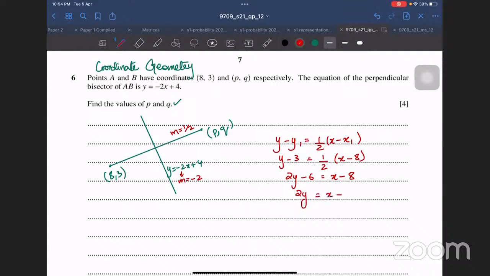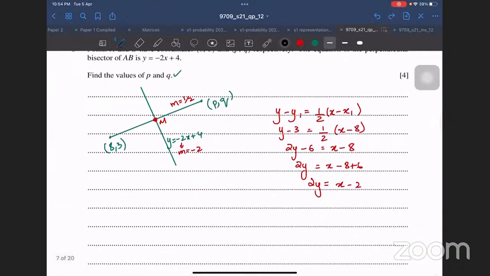Okay, now there are various ways to do this question. What I am thinking about right now is that if I have two equations, I could possibly find the point of intersection, and I know point of intersection जो होगा वो midpoint होगा, and if I have the midpoint, I can easily calculate this. Okay, then it becomes an easy task. So what I'm going to do is I'm going to solve this and my original equation simultaneously.